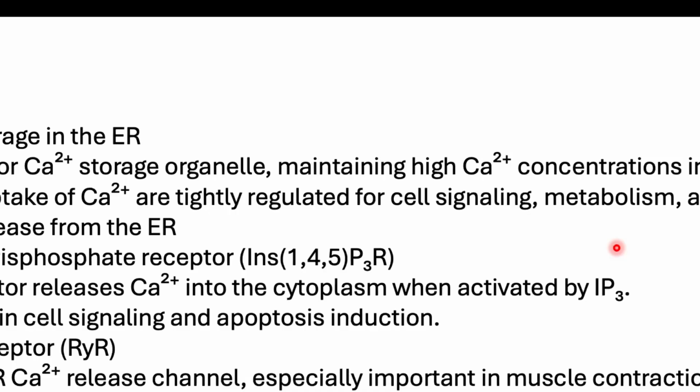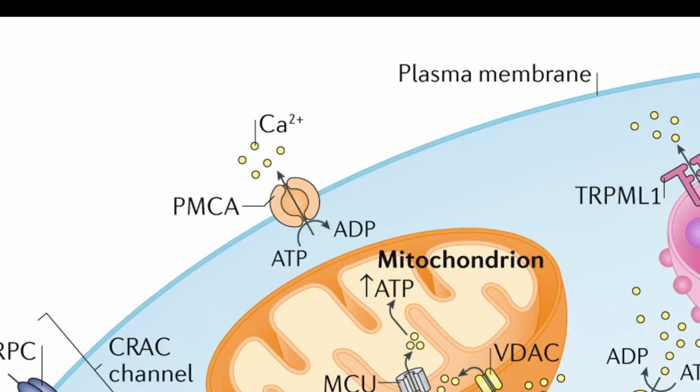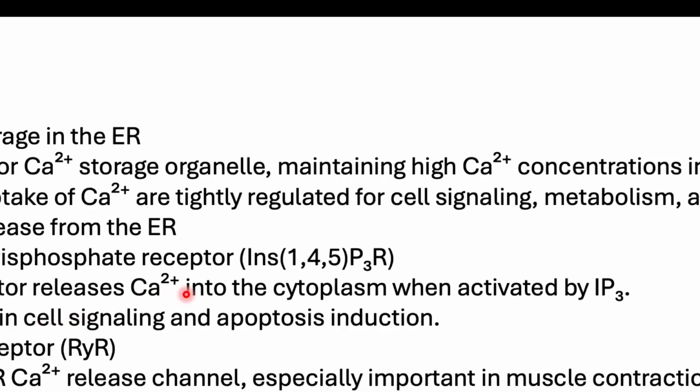If you remember G protein signaling, calcium release from the ER occurs through the inositol 1,4,5-trisphosphate receptor, IP3R. This receptor releases calcium into the cytoplasm when activated by IP3, important in cell signaling and apoptosis function. So this receptor is activated by GPCR signaling.